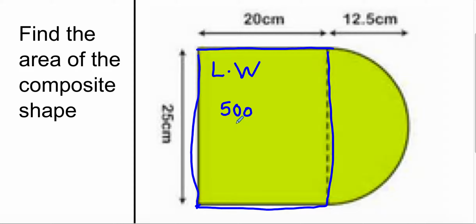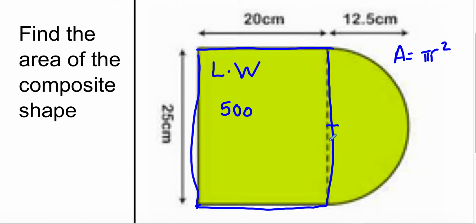And then I also have this portion over here. This portion over here is a semicircle. Well, we just did an entire unit knowing that the area of a circle is pi r squared. The very first comment that kids tell me is that they don't have the radius to this, and you actually do.